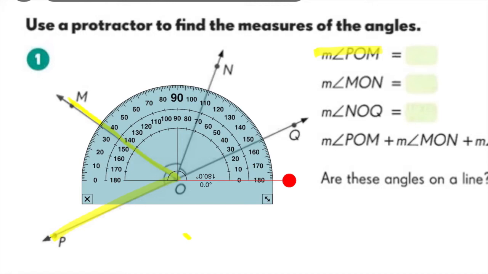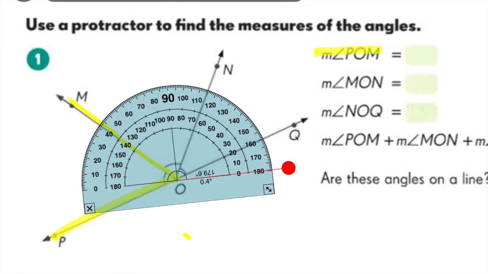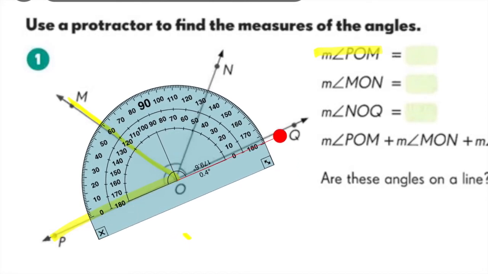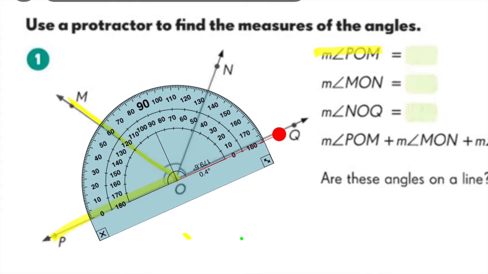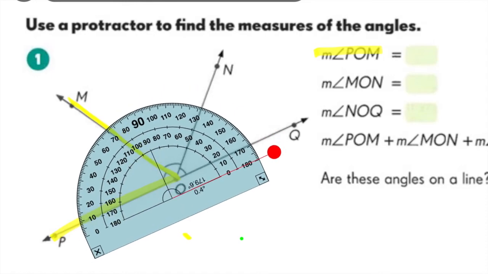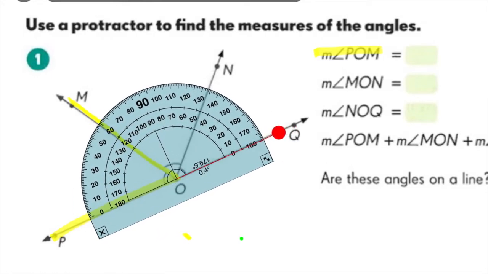And then you're going to want to take one of the rays and line it up with the straight line on the protractor. So you can see how I have that perfectly lined up.